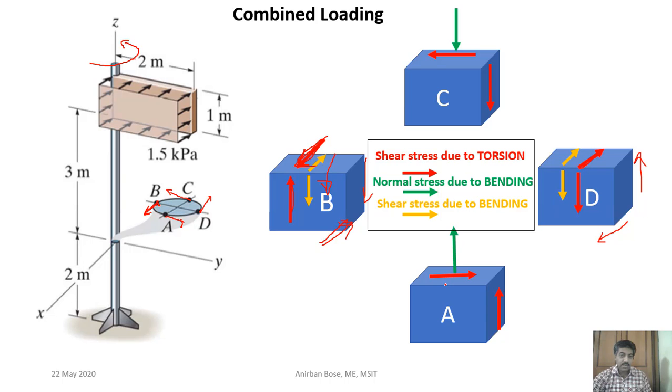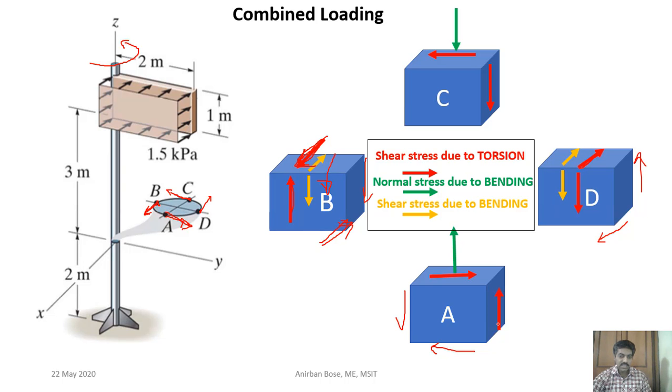Now coming to A and C: at A it will be in this direction, and at C in this direction. At A, since it is in this direction, in the opposite it will be in this direction, and to counterbalance this, opposite shear stresses have to be there.